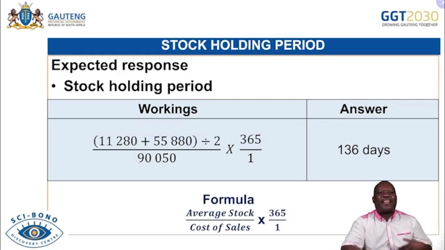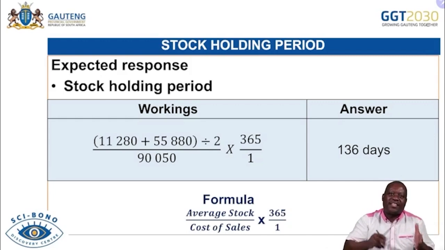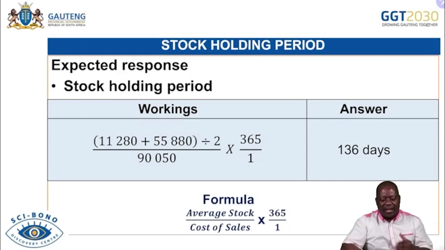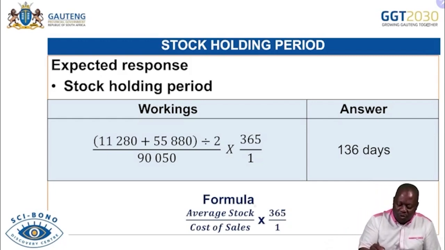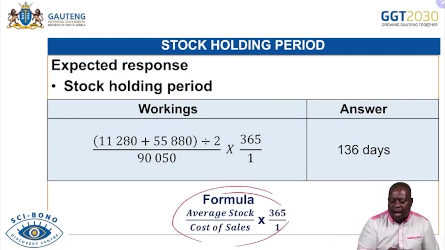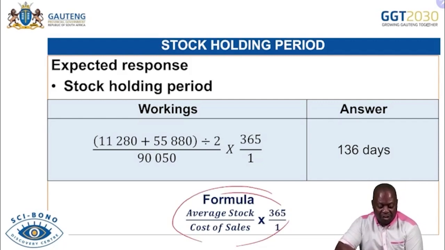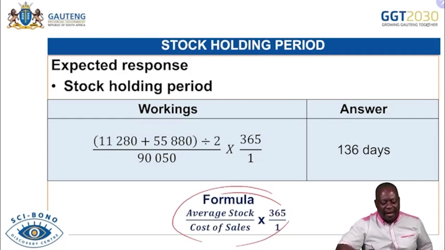It was in the liquidity class. So it indicates how long we are holding our stock. There is a formula for stock holding period: average stock divided by cost of sales, and we multiply by the number of days in a year, because our stock holding period is in days.